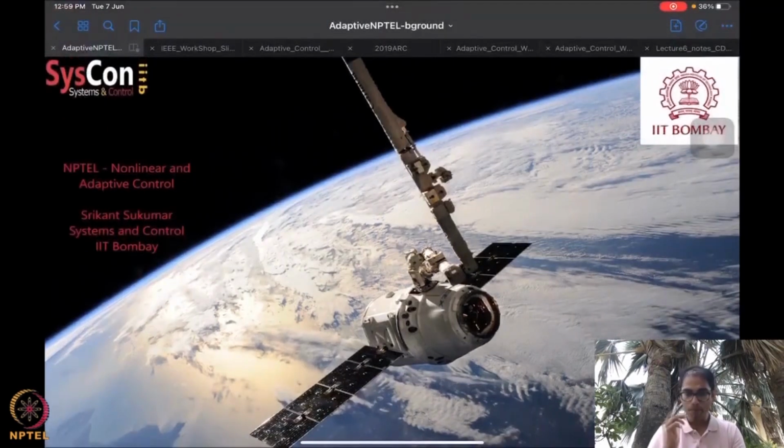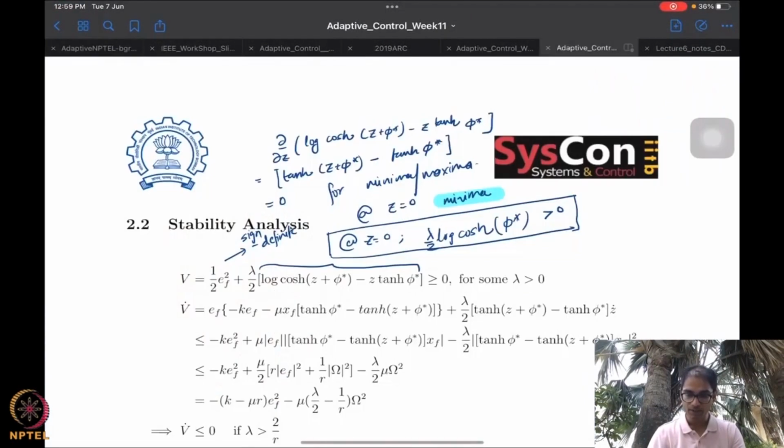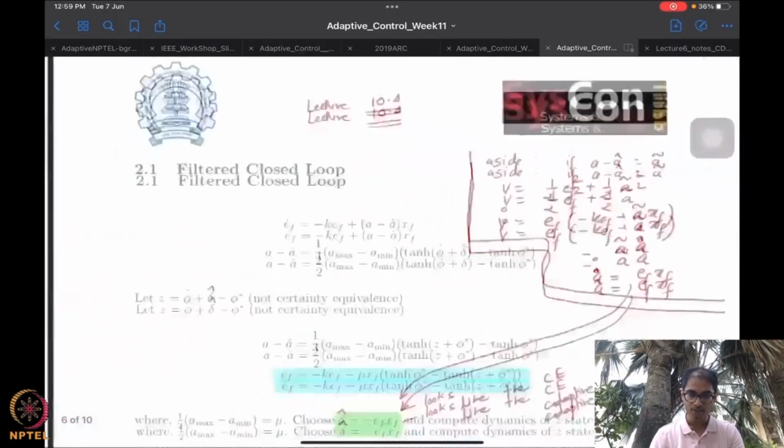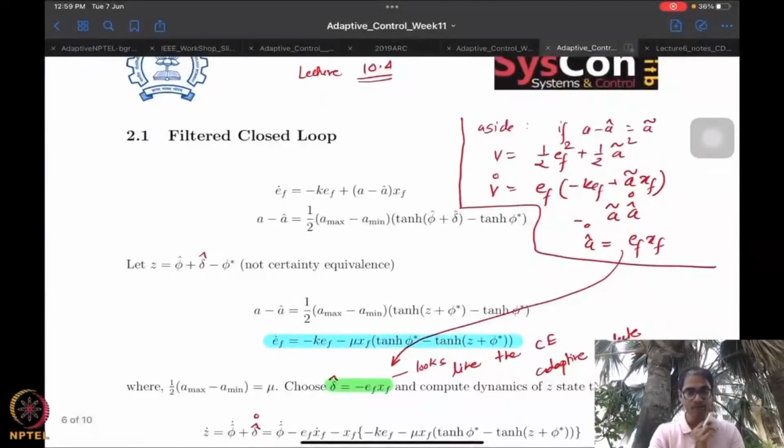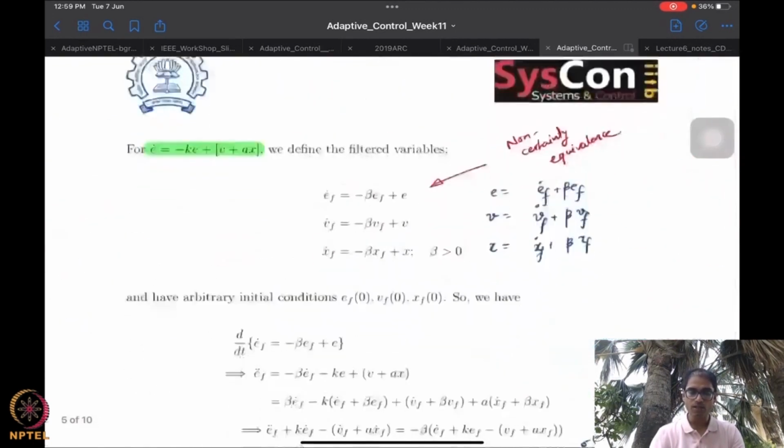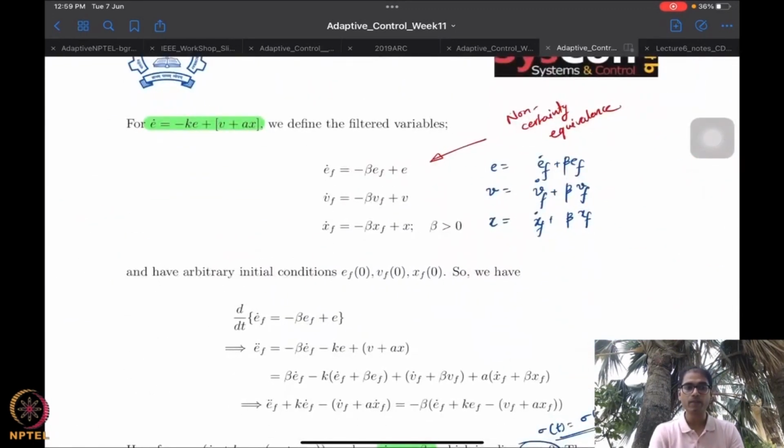So what we were doing in the previous session is we had started to look at the stability and adaptation design, or update law design, for this projection based adaptive controller. And the idea was that the framework was based on filtering the closed loop signals, right?